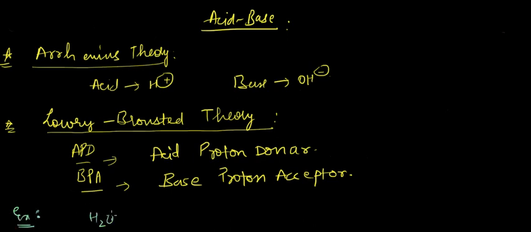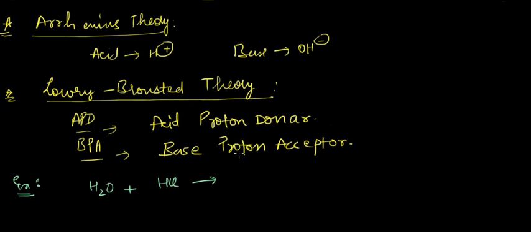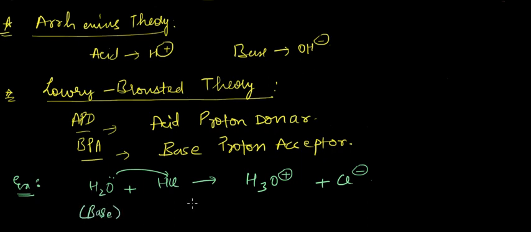We have H2O plus HCl gives hydronium ion plus Cl minus. Okay, so in this case oxygen gives the charge to attract H atom, so this is base, and as this compound donates H plus, it is acid.